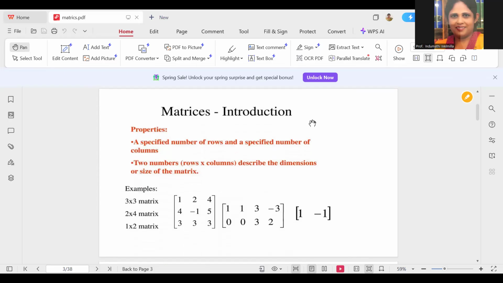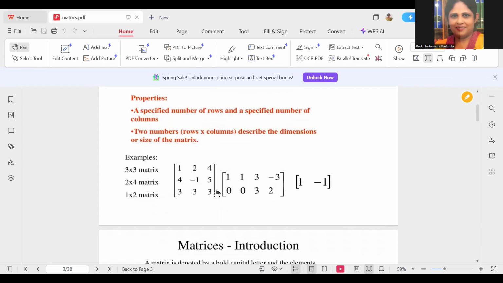We can identify the number of rows and columns, and with these rows and columns we can describe the dimensions or size of the matrix, the order of our matrix. Two numbers, row multiplied by column, are used to identify the size of the matrix.